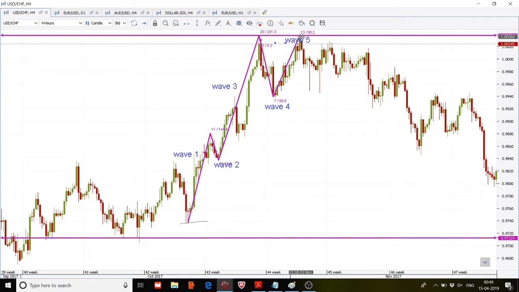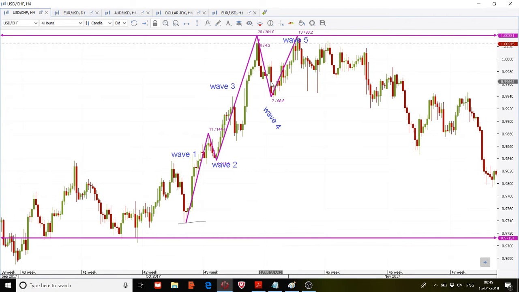This is the end point of wave 5. I am turning the direction of the text so it will be easy for you to keep in mind. Wave 3, this is the wave 4, and this is the wave 5.